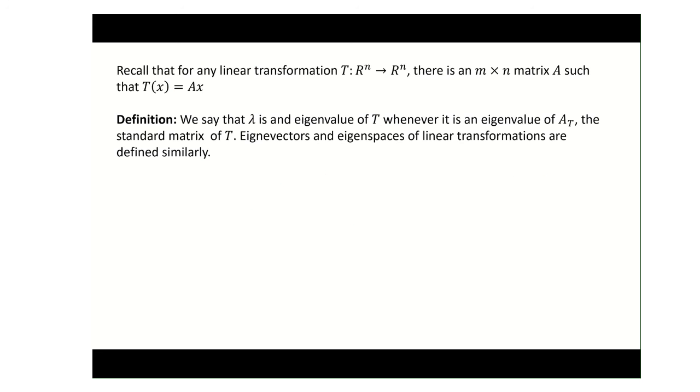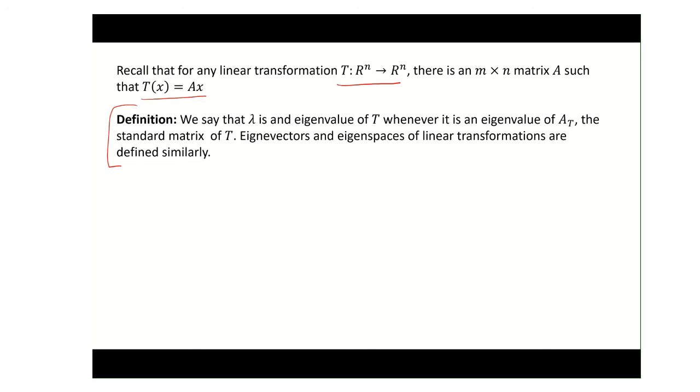So finally, to wrap up, remember when we were talking about transformations, and we said that a linear transformation is really just a matrix multiplication in disguise. For any linear transformation, you have a matrix that we called the standard matrix, or the associated matrix of that transformation, where that equation held.